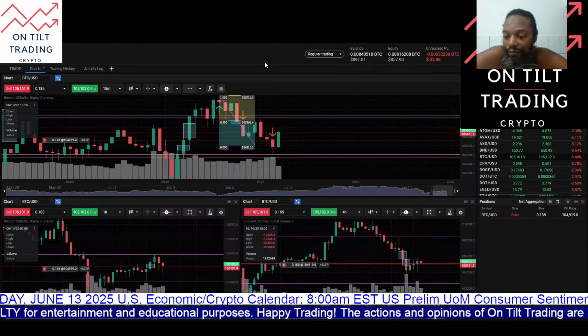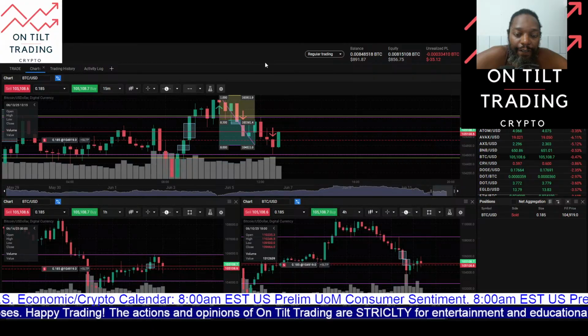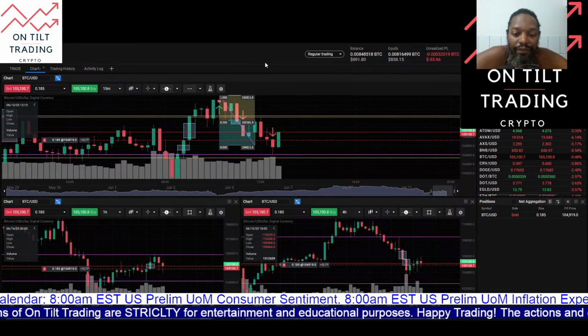Or to see if, as we get closer to the close of this candle, price begins to sell again.